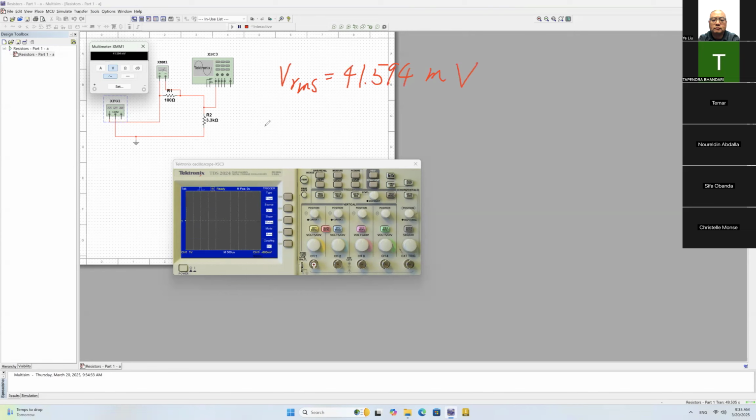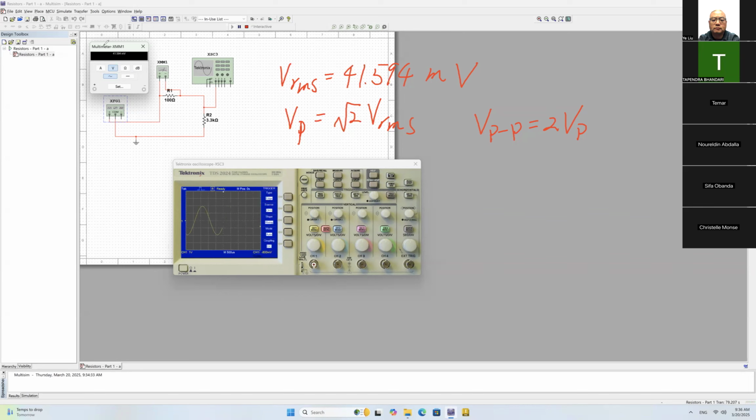From this we can first get the peak value, or magnitude, which is the square root of 2 times VRMS. Then the peak to peak value is 2 times the peak value. Then we can use Ohm's law to get the current. So in MultiSim, we can do the steps exactly like in the handout.